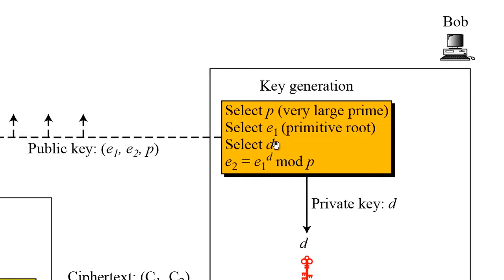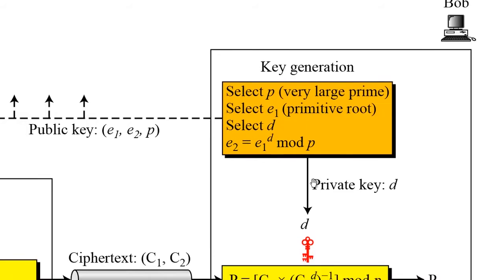He already knows E1, which is selected by Bob, and based on E1, D and P, he is generating E2. As we can observe here, D is the private key of Bob, whereas E1, E2 and P are public.